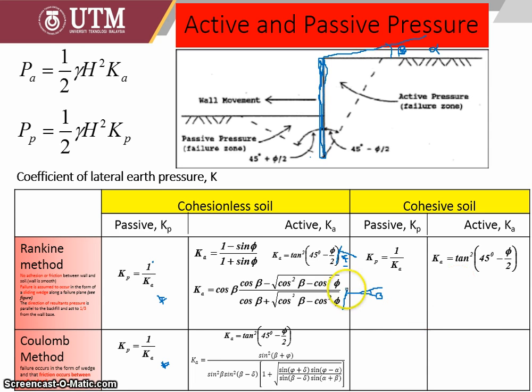In general, we can see the pattern that all the Ka can be expressed as tangent to the power of 2 of 45 degrees minus phi divided by 2.